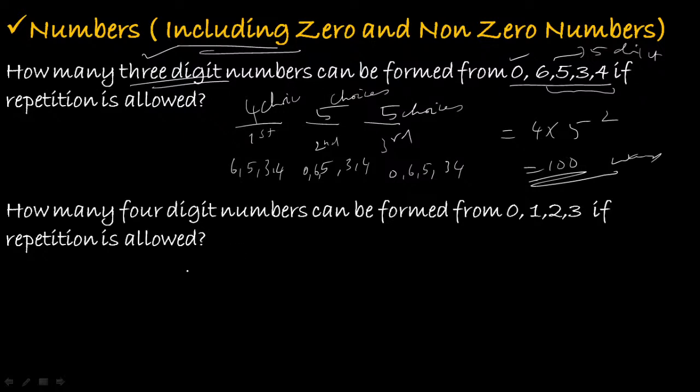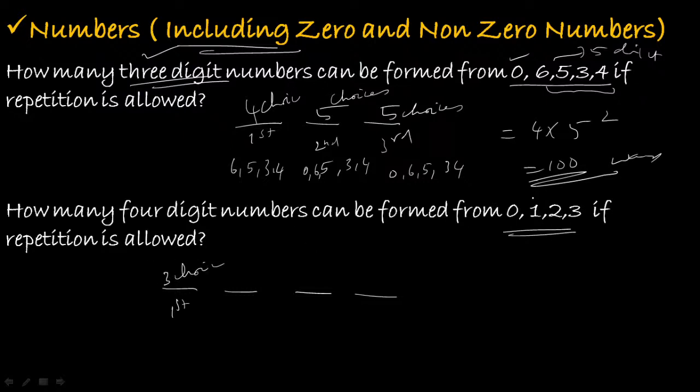Next, how many 4-digit numbers can be formed from 0, 1, 2, 3 if repetition is allowed? The same process as we carried out in the previous one. We are going to form a 4-digit number. For the first digit you have 3 choices. What are the 3 choices?